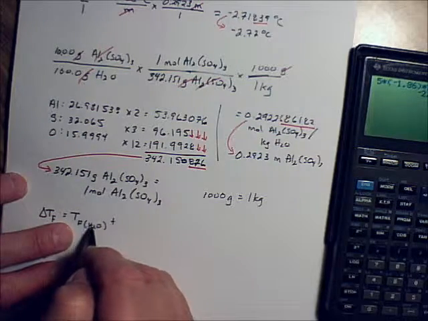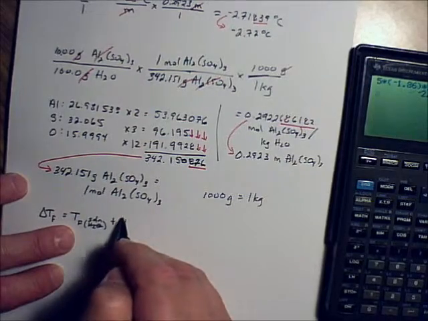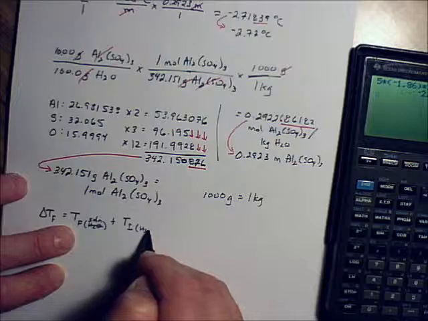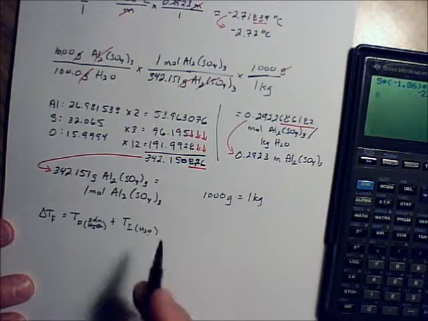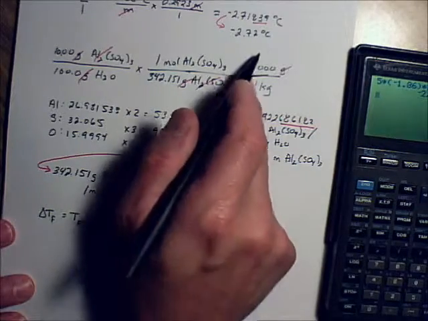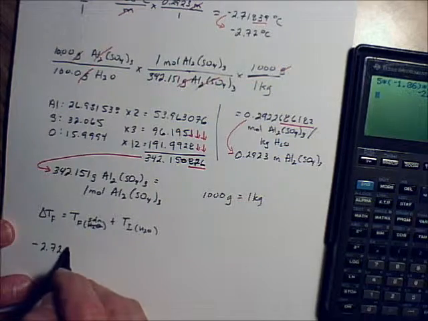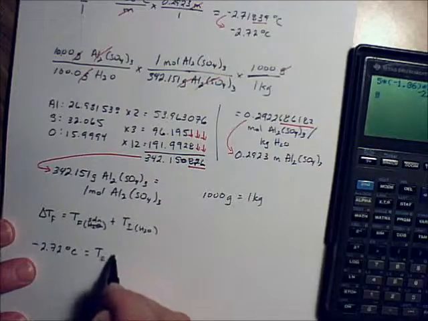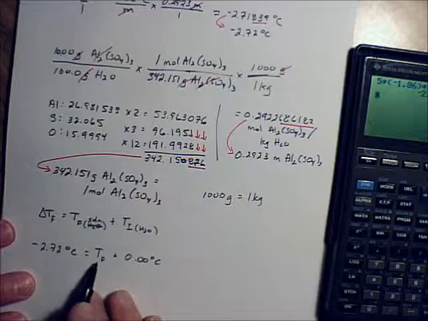So it's the temperature final of the solution minus the temperature initial of just the solvent itself. Okay? That's the point. We have to write that down to get a point. But no, you know that the change in temperature is negative 2.72 degrees C. The temperature final is what we're trying to find. The temperature initial is 0.00 degrees C. And we want to find this, right?